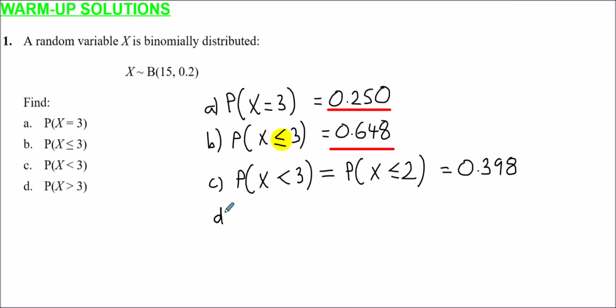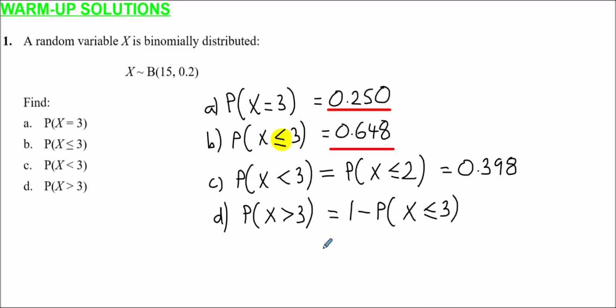Now for part D, again we need to work in terms of this symbol here when using the cumulative distribution. The probability that x is greater than 3, that's essentially saying it's everything apart from the chance that x is 3 or less. So this one is actually 1 minus the probability that x is 0, 1, 2 or 3.